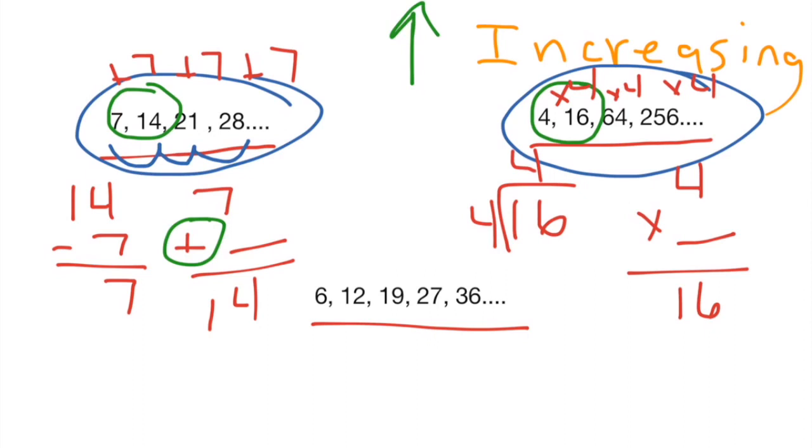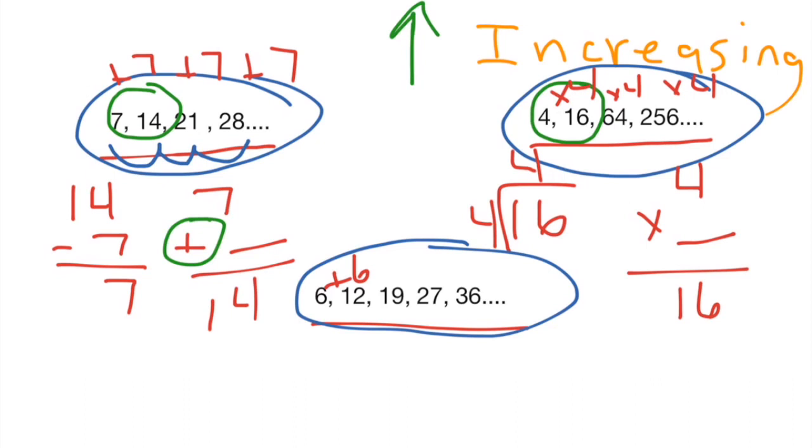A third type of increasing pattern that you might see is one like this. Sometimes we see increasing patterns where something changes every time, and maybe you're not adding or multiplying by the same number every time. An example here would be to get from 6 to 12, you add 6. So you might think that the rule is plus 6, but you have to make sure it works every single time.